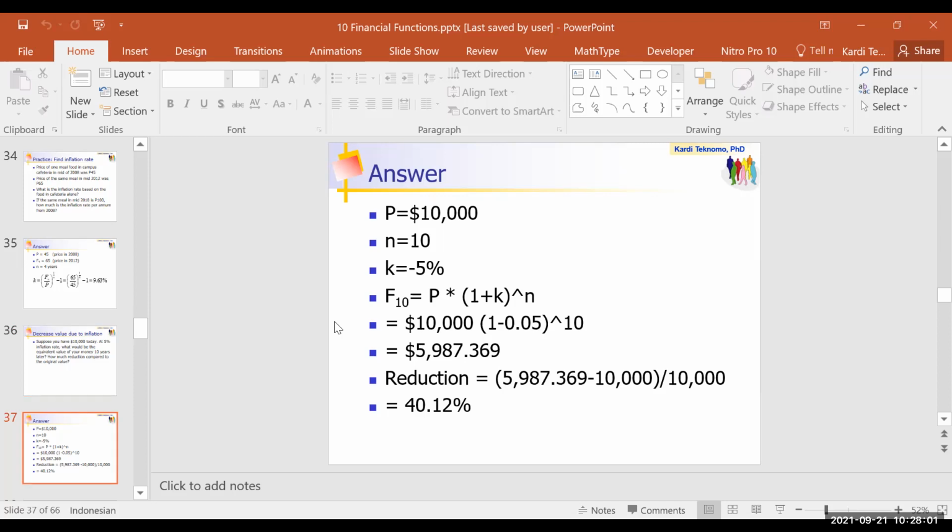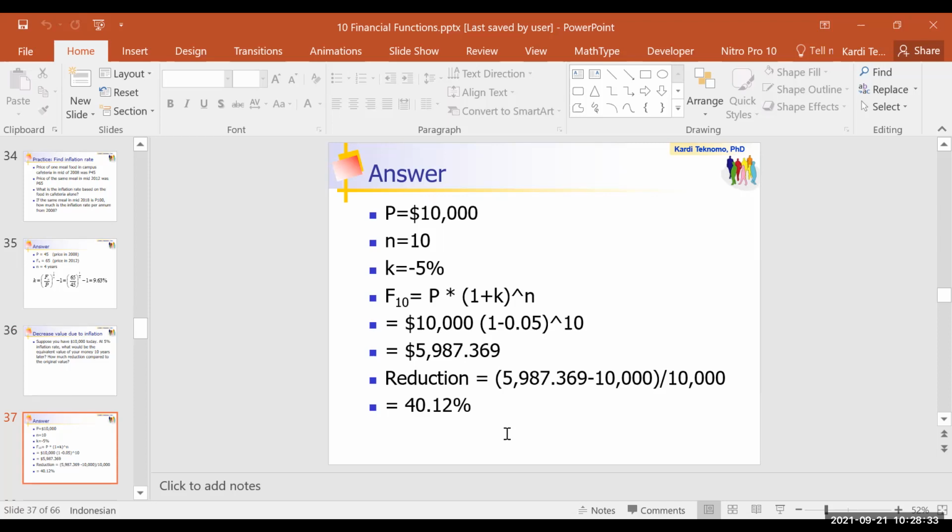The n is minus 10, right, sir? N is 10. But the interest rate is negative, right? Yeah. Oh, yeah, 5,980. So the reduction is like 40% in 10 years.